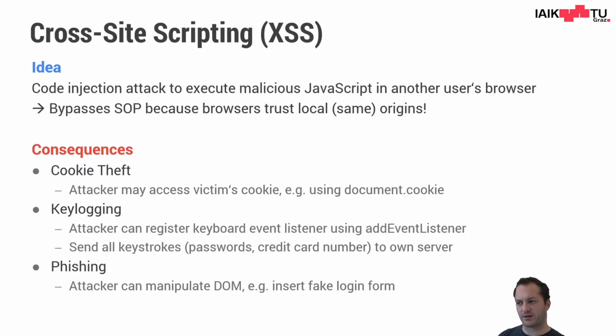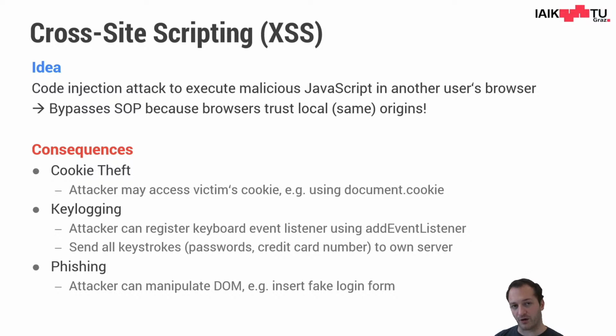So you could inject a keylogger using a keyboard event listener, for example. You add an event listener for every keystroke the user enters. In the worst case, an attacker can send all the keystrokes to his own server, and this might include passwords, credit card numbers, and so on.